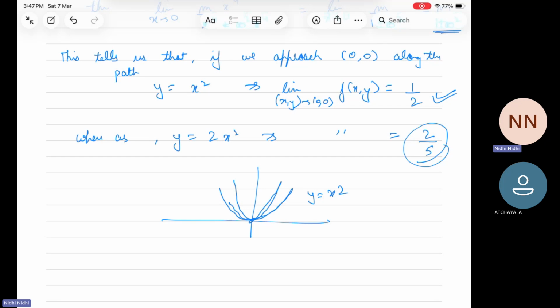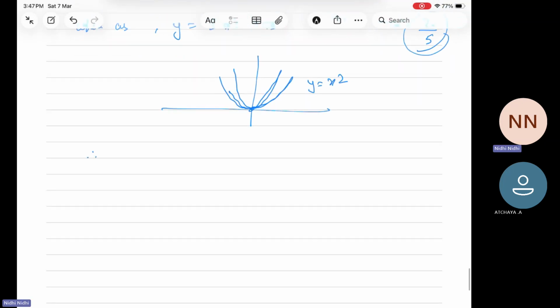We say that the limit exists only if it is same along all the paths. Therefore, limit does not exist. And hence, the function f is not continuous.